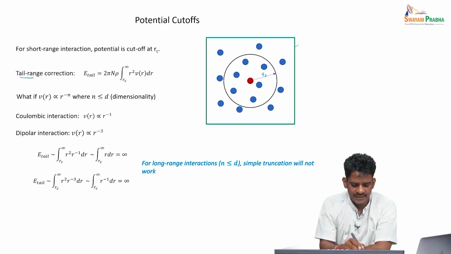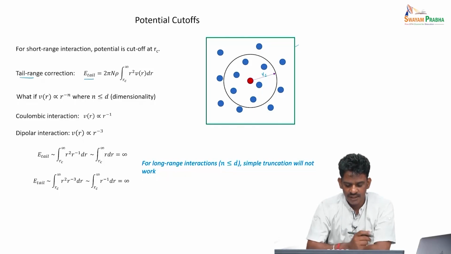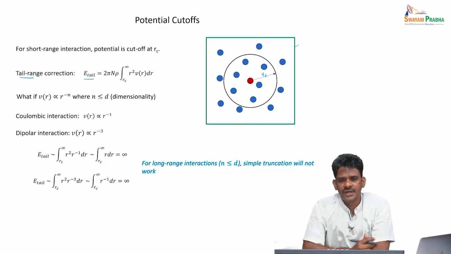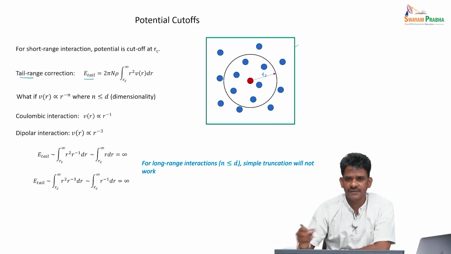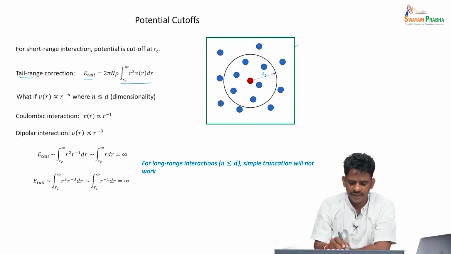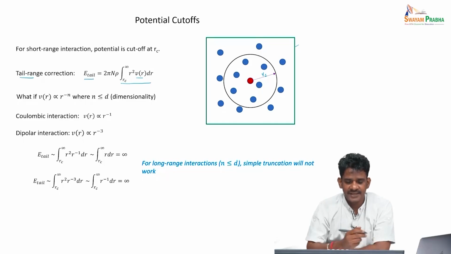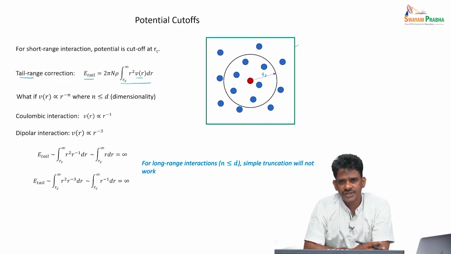You may recollect that to correct the energy due to this tail, we use the radial distribution function g of r, and beyond RC we assume g of r is 1, and then we integrate r square V of r dr. By implementing the functional form for the pair energy V of r, which could be Lennard-Jones for instance, we can get an analytical expression for the correction in the energy.